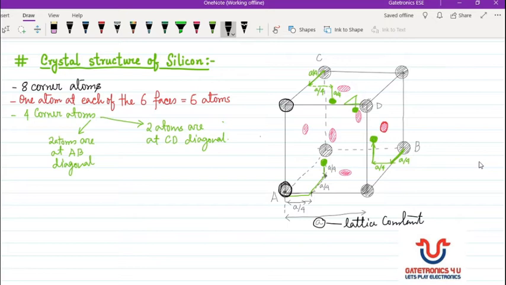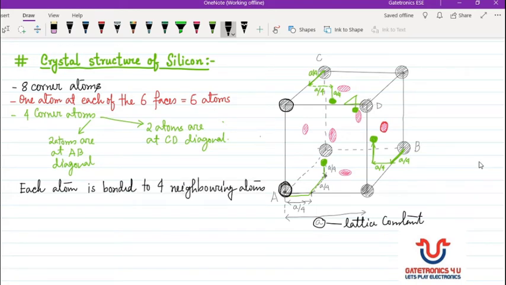So there are four neighboring atoms for each atom. So we can write that each atom is bonded to four neighboring atoms. That's why silicon has a valency of 4 also. Valency means how many neighboring atoms are there also. You can also say that valency means how many electrons are there in the outer orbit, but valency also signifies how many neighboring atoms are there for each atom.